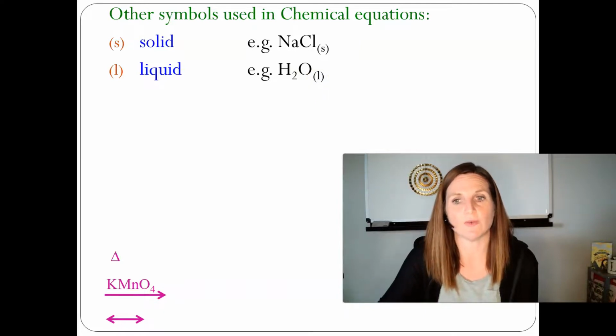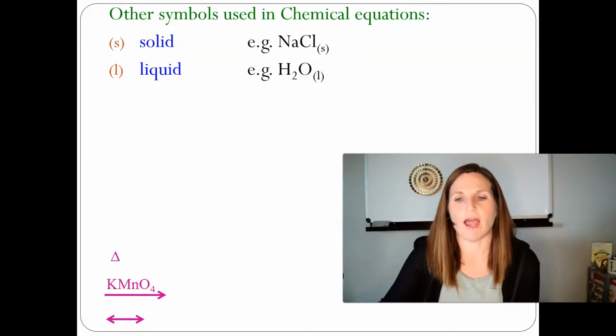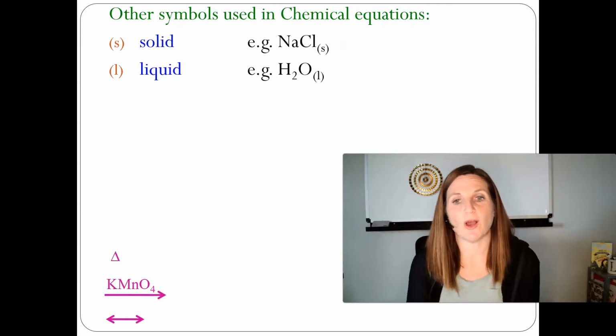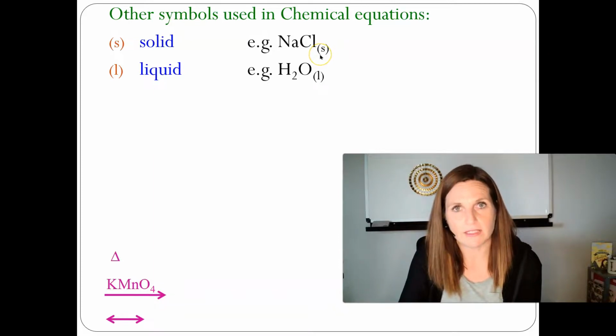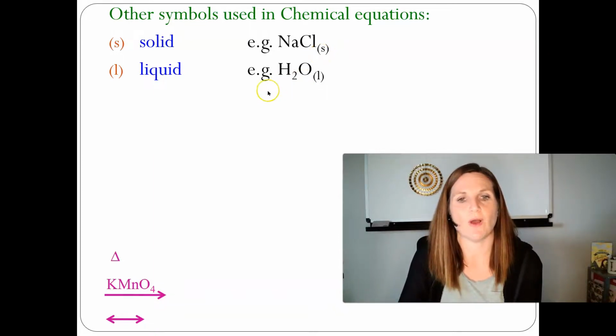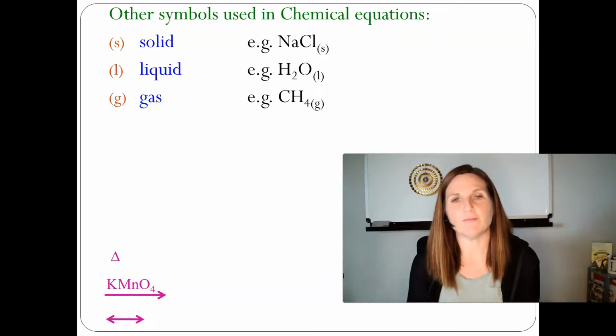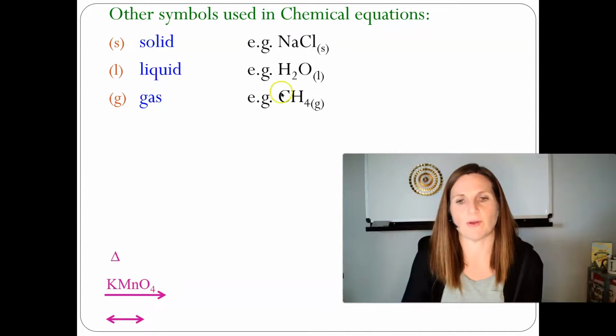So if I see H2O (l), then I'm expecting a glass of water. If I see H2O with an S, then I'm expecting a block of ice. If I see H2O with a G, then I'm expecting water vapor because G indicates the state of gas. So the state of matter is indicated in these little parentheses.